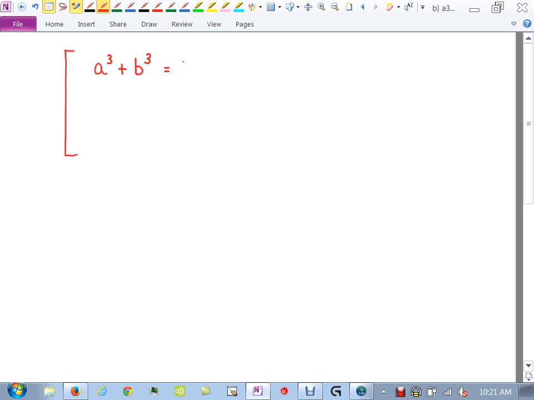Now this is the same as something cubed plus something cubed again. So I'm using those parentheses again to stress to you that whatever you're going to call a, the whole thing cubed has to be that first term. And then same thing with b. Now the question is, does this have a formula? The answer is yes. For cubes, it does.